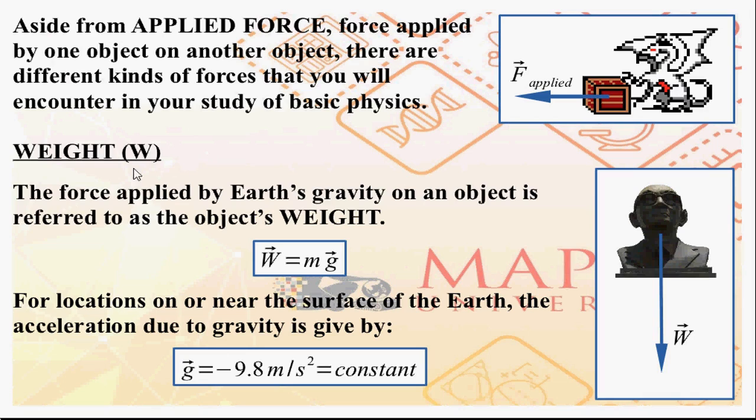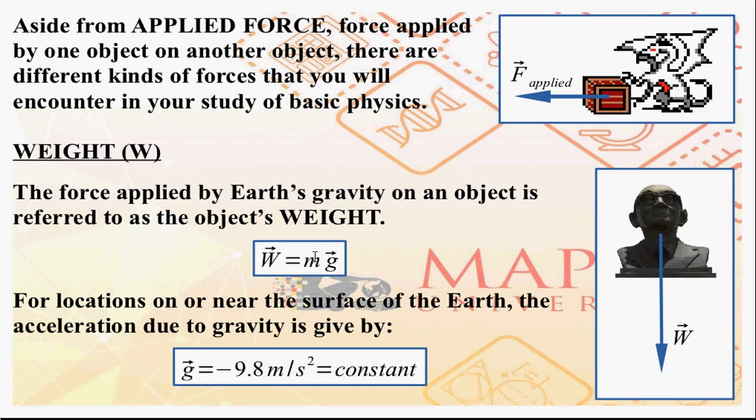First, there is the weight, variable capital W. Weight is the force applied by Earth's gravity on an object, and we use Newton's second law of motion to give us the equation for weight. The vector weight is just equal to mg, mass of the object times acceleration due to gravity.